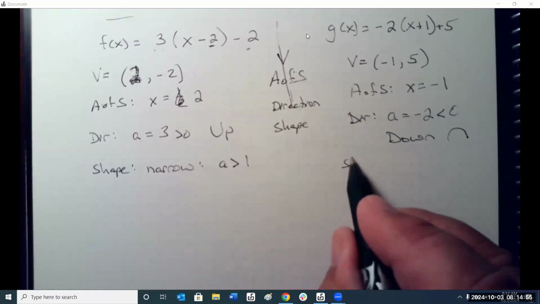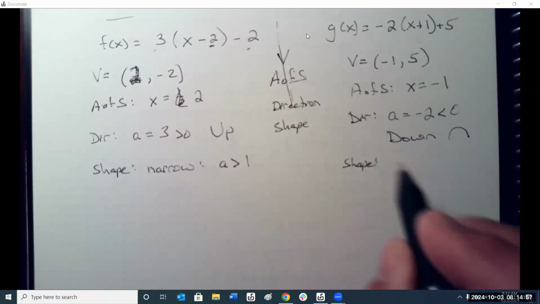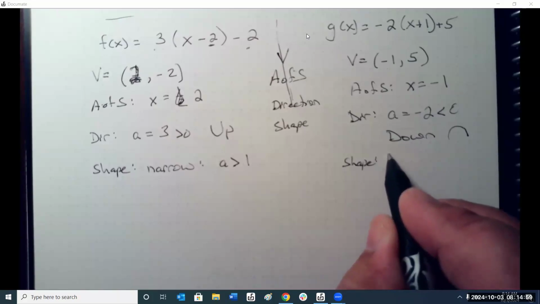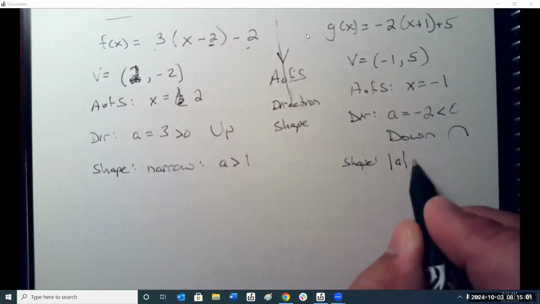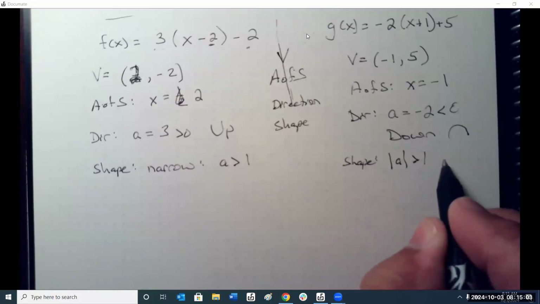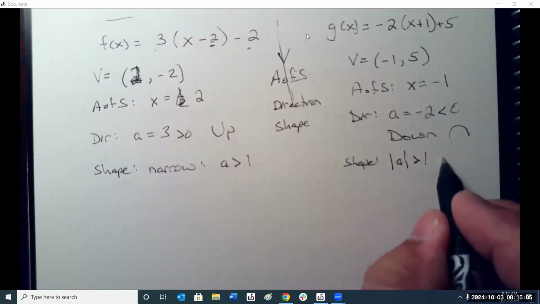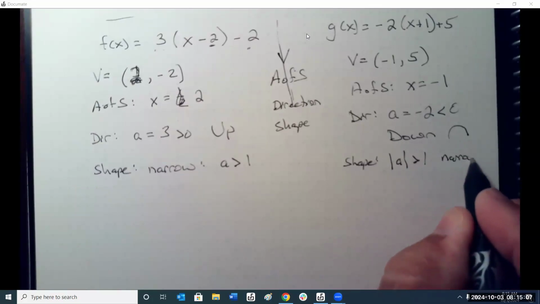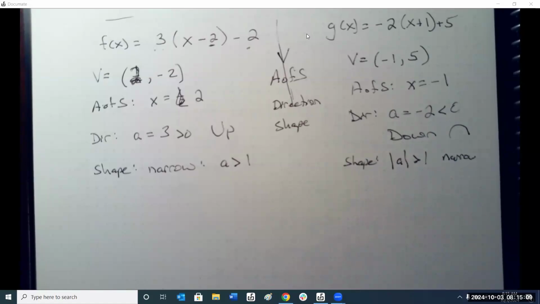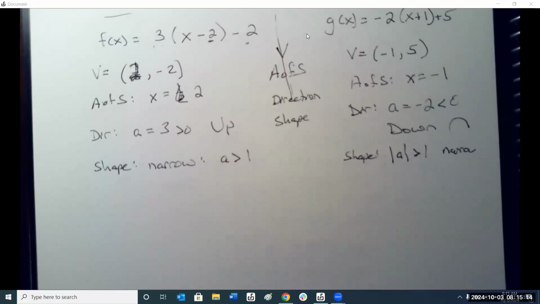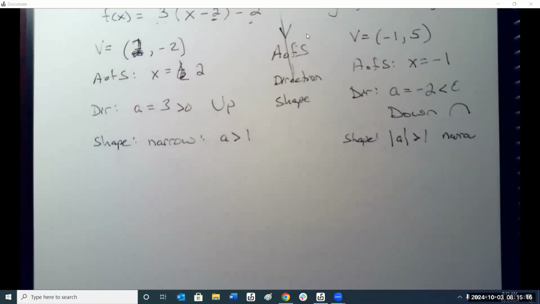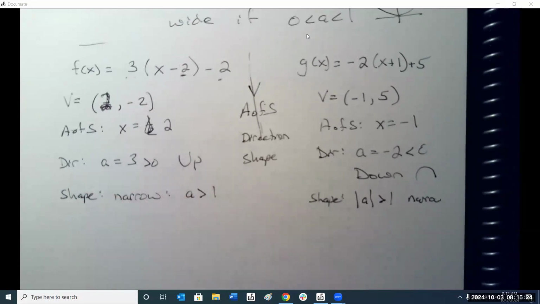Now the shape of this one, the absolute value of A is greater than 1, so it's narrow. Right? So that's a run through of this equation, the vertex form.